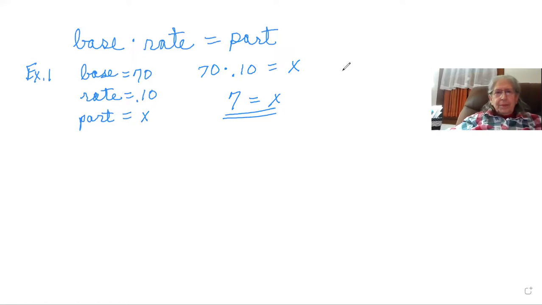That's the answer. Admittedly, that's the easiest one, where the X is the thing that's already on its own on one side by itself.